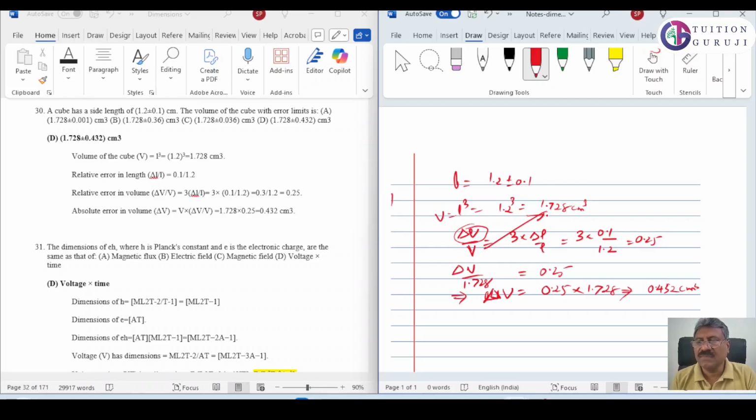So delta V, the absolute error, we got is 0.432. So option D will give the result. Okay, that is the answer. Next one.